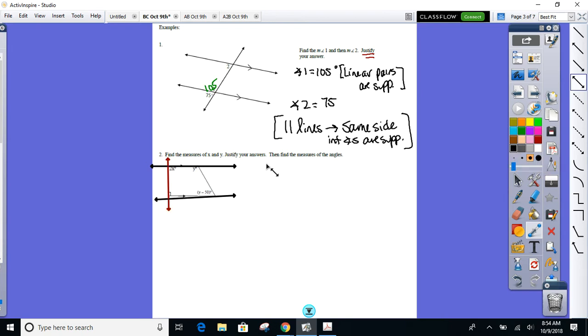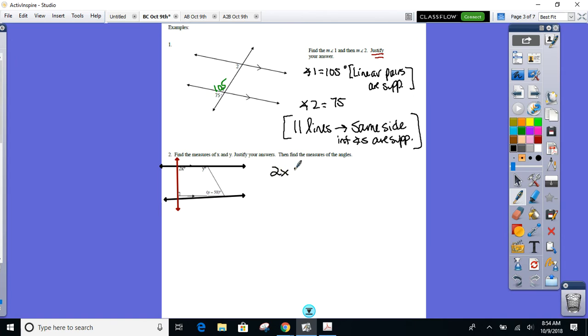Okay, so you know 2x plus 90 is equal to 180. Everyone see how I know they're equal to 180 and not equal to each other? Well, they will end up being, but. So we end up with 2x equal to 90, x equals 45.